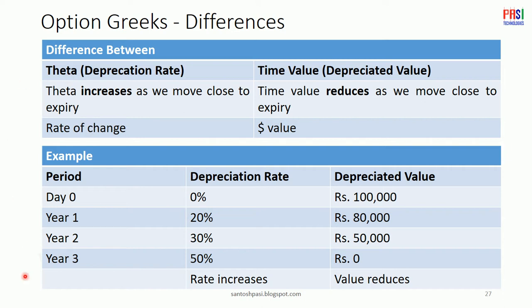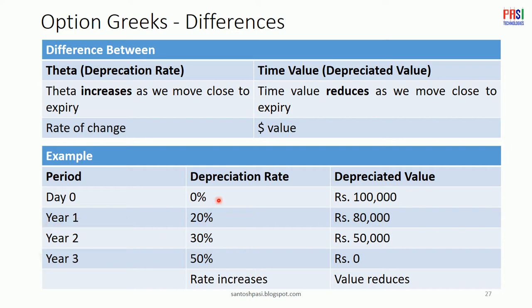Let's take an example. Assume that you have bought a laptop, and that laptop is going to be with you for 3 years. On the first day itself it loses nothing, so the depreciation rate is 0, and assume the cost of the laptop is 1 lakh, so my value would be 1 lakh rupees. At the end of the first year, let's say my laptop depreciated by 20%, so my value of the laptop would be 80,000.